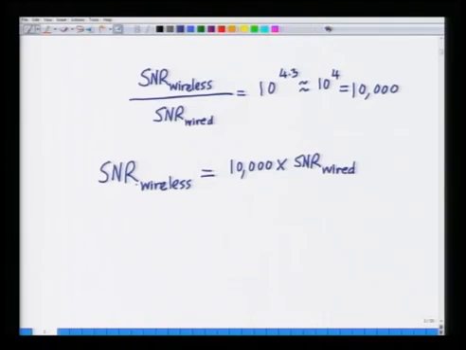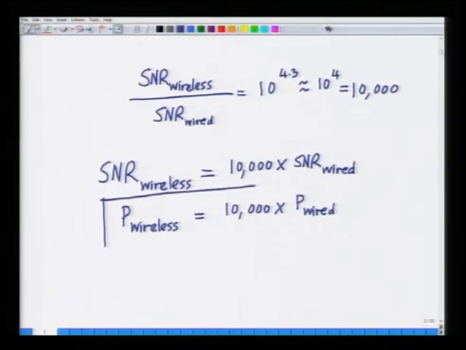Now, the noise power sigma n squared is the same, which implies the transmitted power of a wireless system equals 10,000 times the transmitted power that is necessary in a wired communication system.